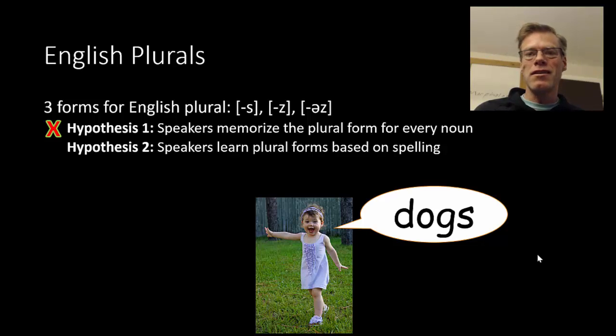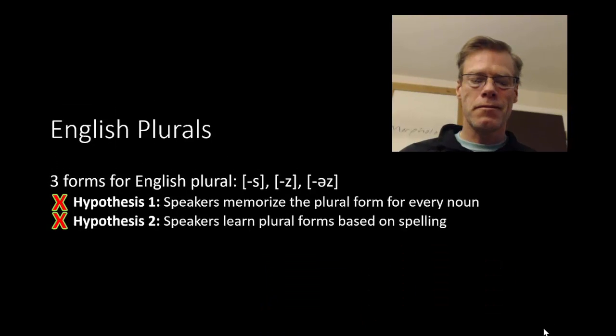Before children ever enter school, before they ever enter kindergarten and start learning their ABCs, they know how to pluralize. That WUG test works perfectly fine for pre-literate children. You just have to say it aloud for them, and they will know to say WUG and WUGs and gutch and gutches and gick and gicks. So we can rule that hypothesis out too.